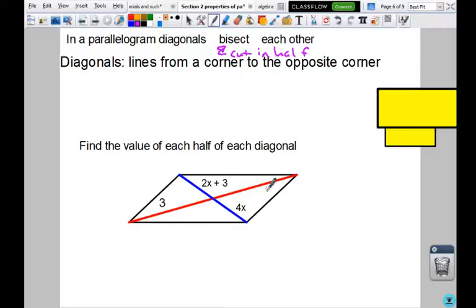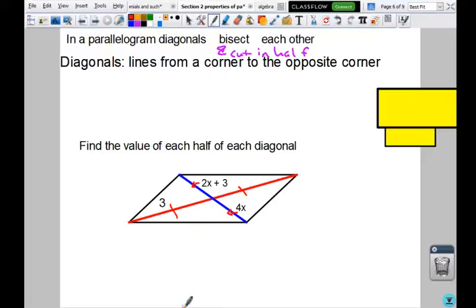So if I'm going to look at this red one, they cut each other in half, which means the left side is congruent to the right side. The 3 goes to this red line, and the blue line has the x's.